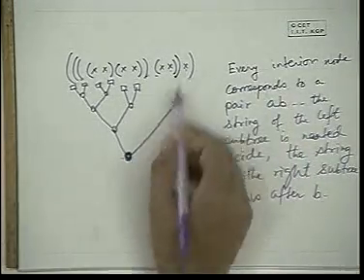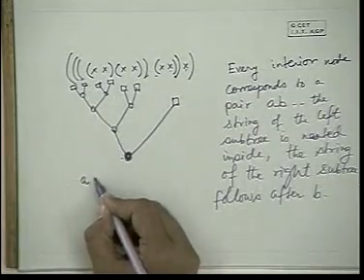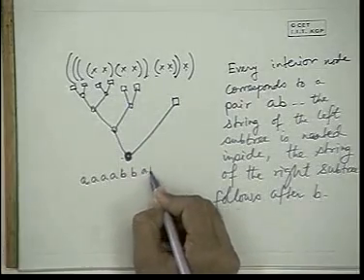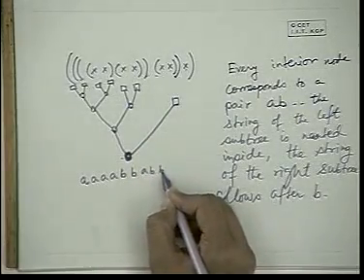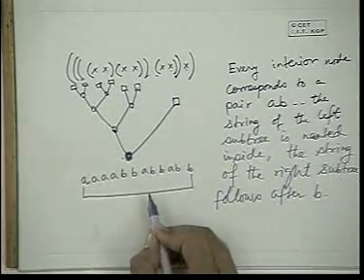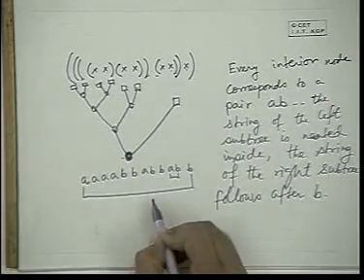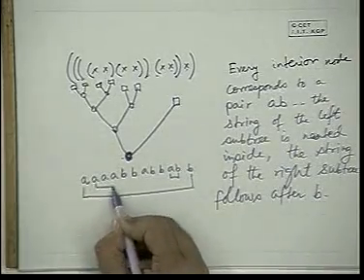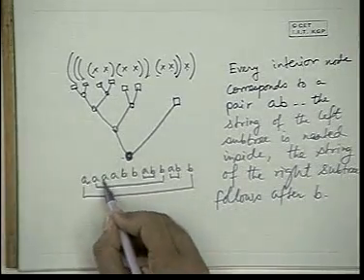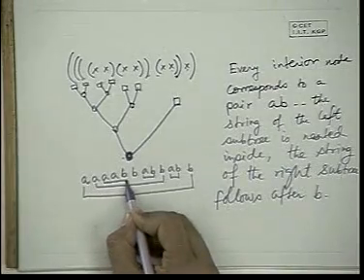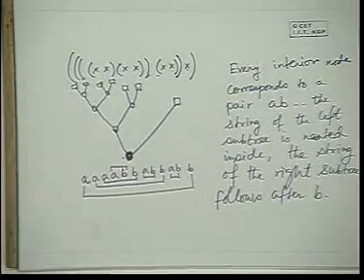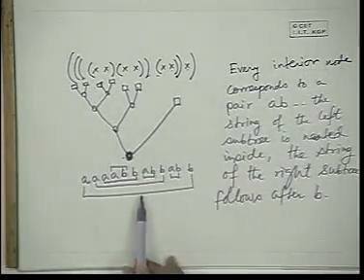If I do this conversion, you will get the string like A B A B B A B B. You verify later. This is matched with this. These two are matched. Then this will be matched with this. Then these two are matched. Then this is matched with this. Then these two are matched. If we follow this rule, we will get exactly this string.